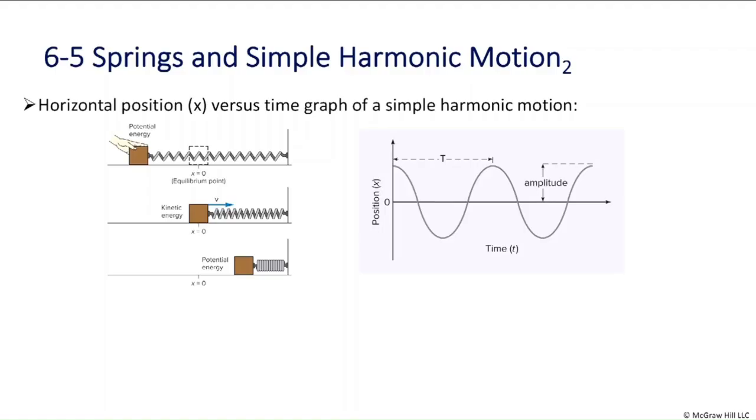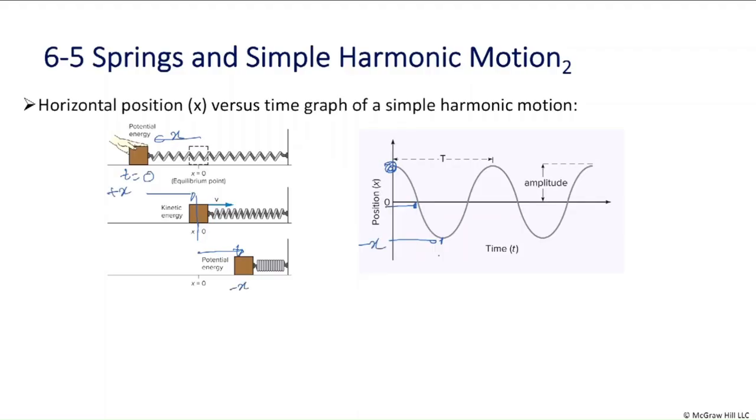So initially we pulled the mass from the equilibrium position. Therefore, at t equals 0, the position of the mass is at x at this point. After some time it will move back to the original position where the position is 0, this point. Next, it will compress the spring, moving in the opposite direction from the equilibrium point. Therefore, at this point, position is minus x, right?